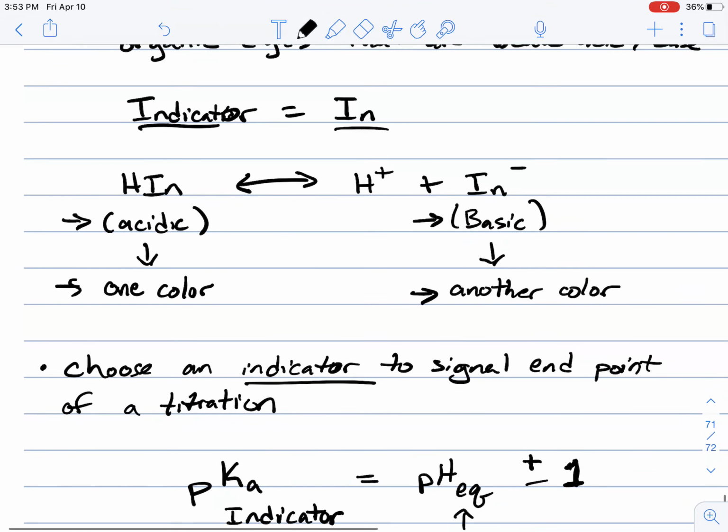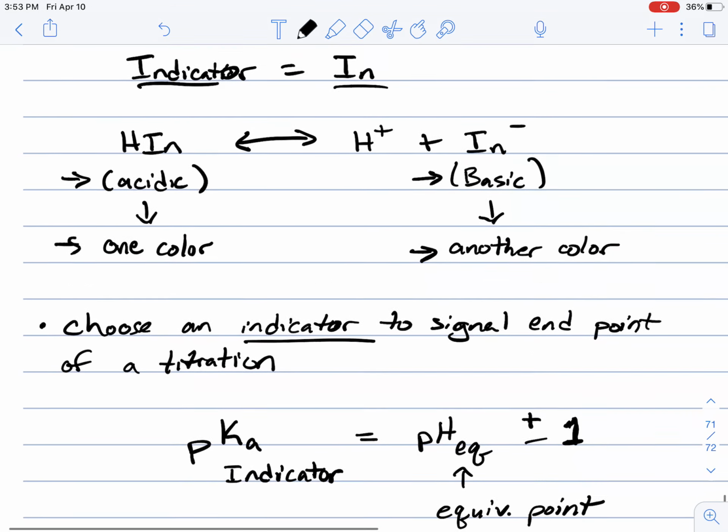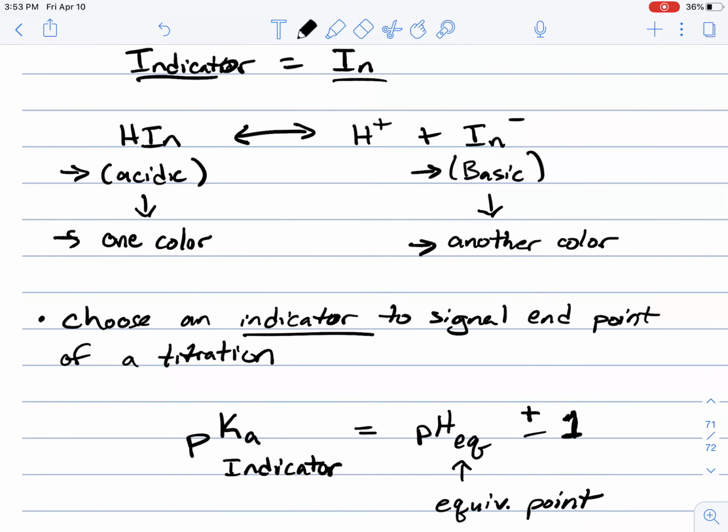And to do that, you want to compare a couple of things. You want to compare the Ka of the indicator, and you're going to express that Ka as a pKa value, just to make it comparable to pH, right? So notice that there's P's on both sides. We're not going to associate Ka to the concentration of hydrogen ion. It's going to be the pKa to the pH.